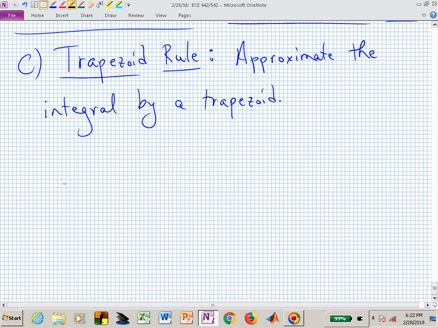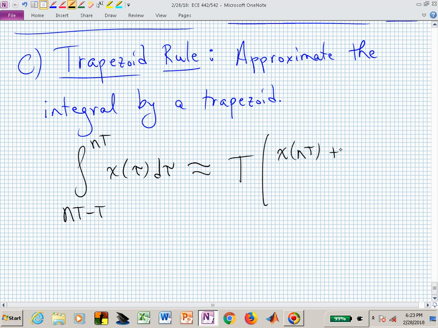Or we now have this integral from nT minus T to nT of x of tau d tau, approximated by, and now you just have to remember or derive your formula for the area of a trapezoid. The width is still capital T, but now what do? You could think of it as averaging the two lengths. So we now have x of nT plus x of (n minus 1)T over 2.